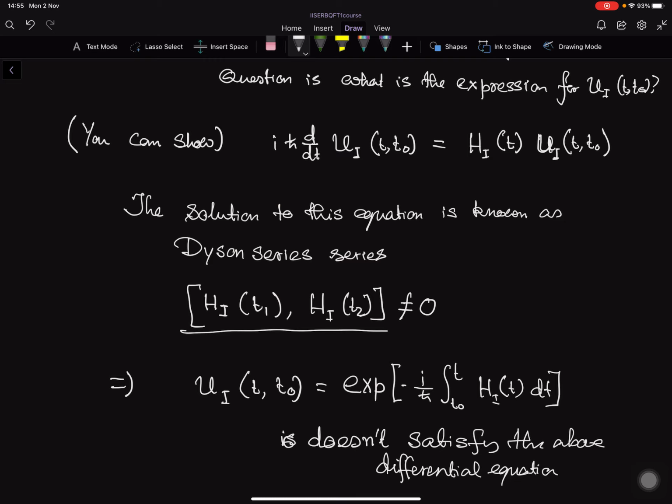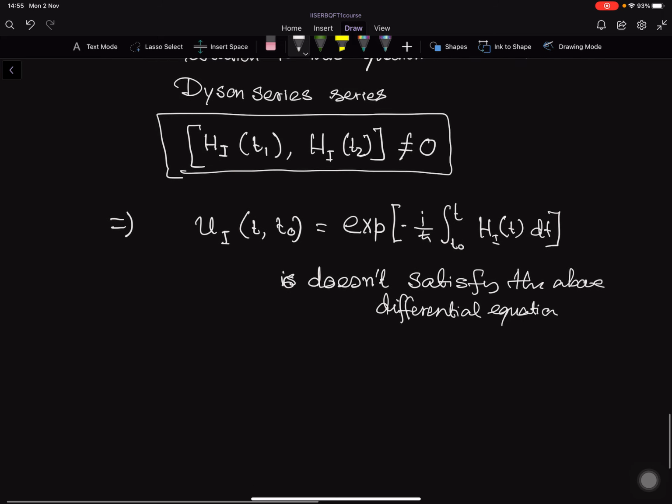And the reason is this, that the interaction Hamiltonian at two different times does not commute. So the solution is known as the Dyson series, which has the following expression.